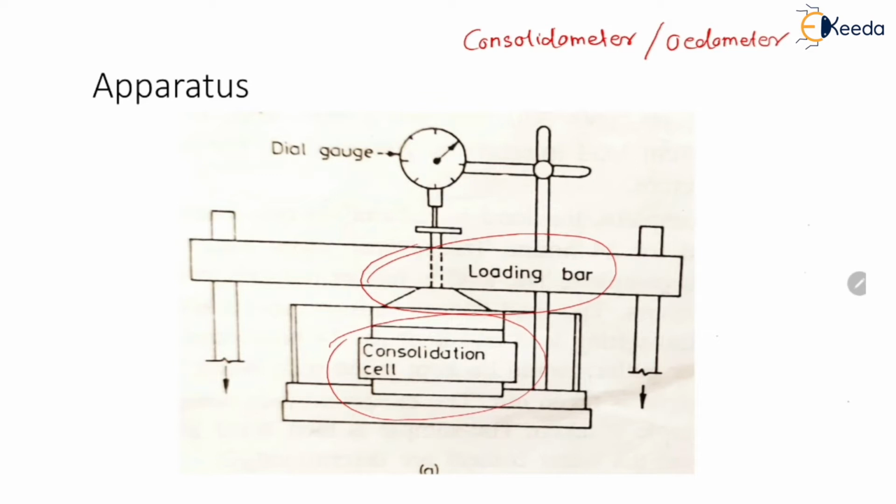Soil specimen is placed inside this consolidation cell. There are two porous stones, one at the top and one at the bottom of the soil sample. So inside this consolidation cell, there are two porous stones and the soil sample is placed in between these porous stones.